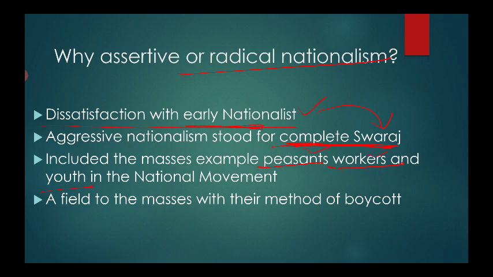They raised their voices through public meetings and submitted petitions and resolutions to the Englishmen. But their methods failed very badly. The British turned a deaf ear to their resolutions, petitions, and demands. The British did not care about the welfare of the Indians, which led to the rise of assertive radical nationalists.